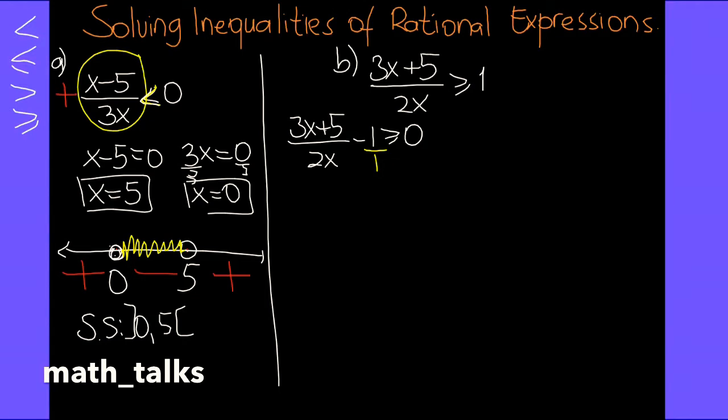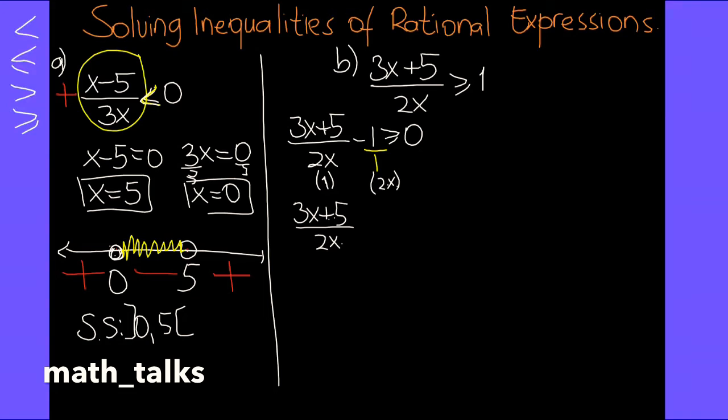Here we have 2x, so you have to multiply the other one by 2x to make the same denominator. Otherwise, we cannot subtract two rational expressions. So how will it be? 3x plus 5: the first rational expression stays the same, because we are multiplying by 1.